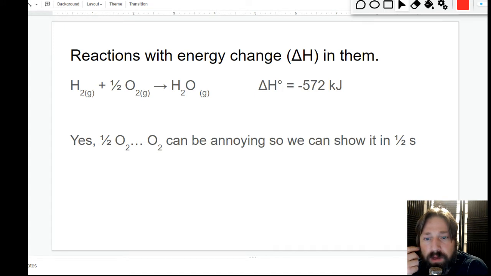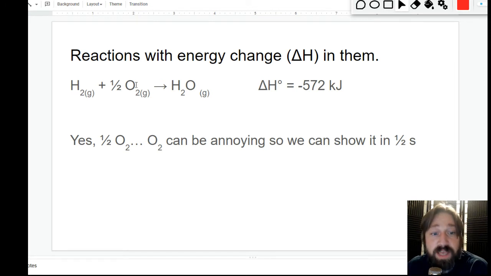So on Thursday, I talked about this idea of heats of formation, that we have just a catalog of these reactions. And these are usually theoretical reactions. Basically, you take a compound, in this case we have H2O, and we say, what basic elements make up that?